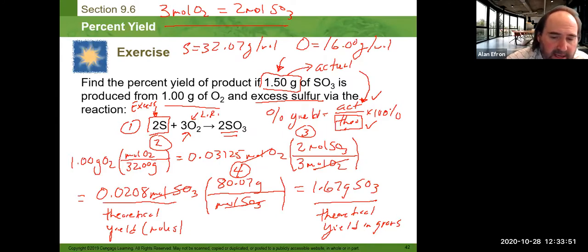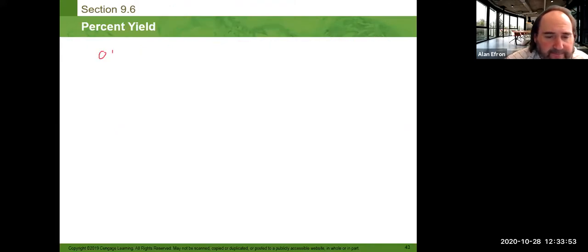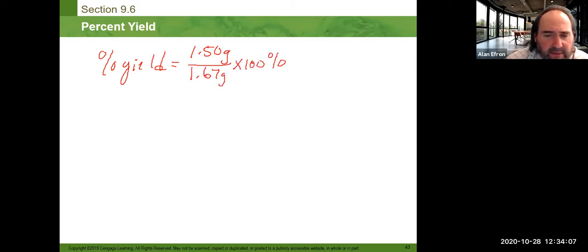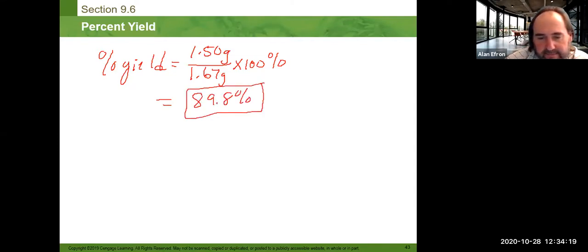The percent yield, again, would be our actual, which was 1.5 grams that was given to us, divided by the theoretical that we just calculated, which was 1.67 grams, times 100%. And that's going to get us a percent yield of, we'll call it, 89.8%. Not too bad, almost to 90%. Any questions on those steps?